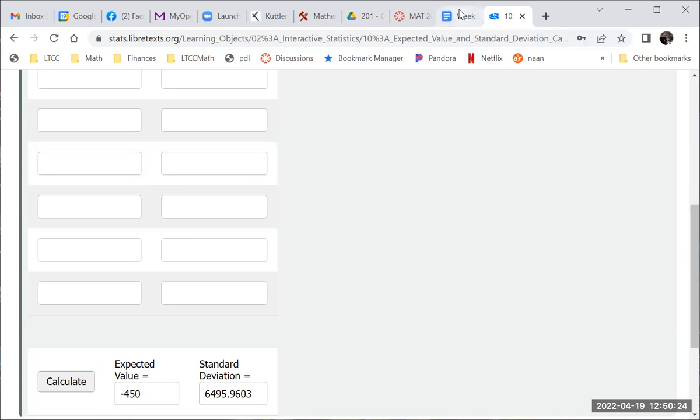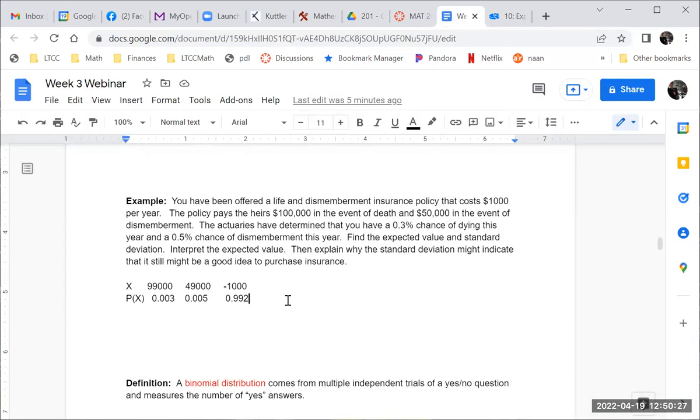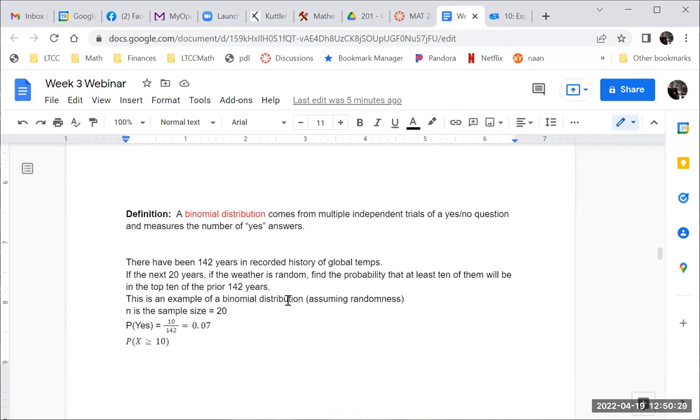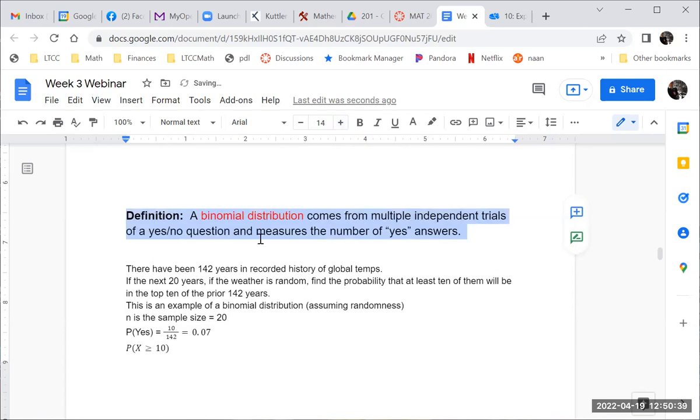Okay, let me continue on. Let me go to the second half of chapter 4, and that is binomial distribution. So a binomial distribution comes from multiple independent trials of a yes/no question and measures the number of yes answers.